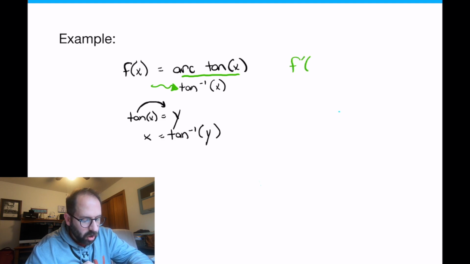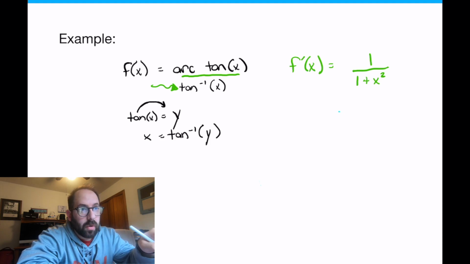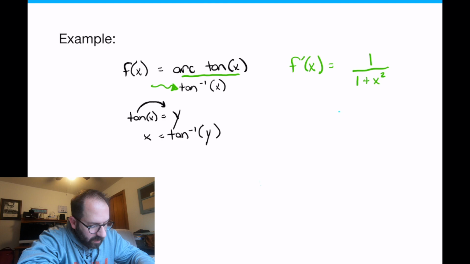When you take the derivative of arctangent, it's 1 over 1 plus x squared. That's the derivative of arctangent. So whatever is in that x location is going to go on the bottom in that same x location. That could be something super complicated. It could be another trig function.